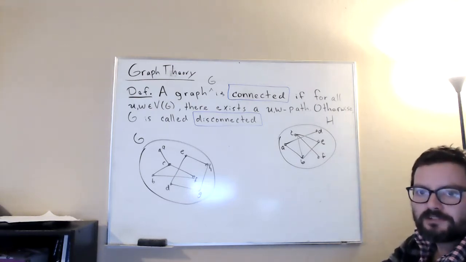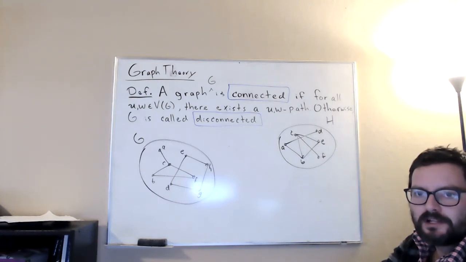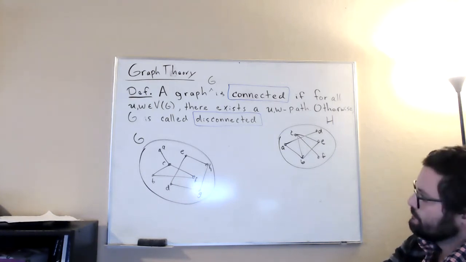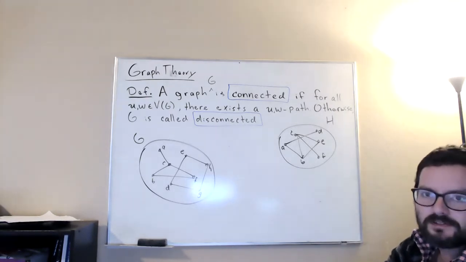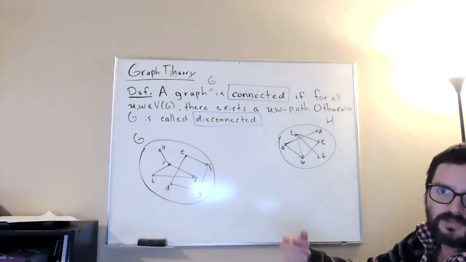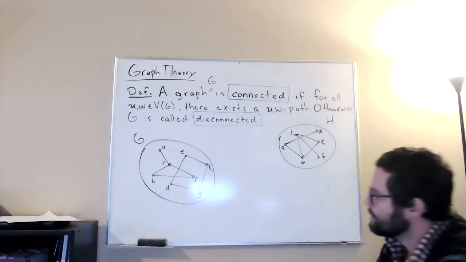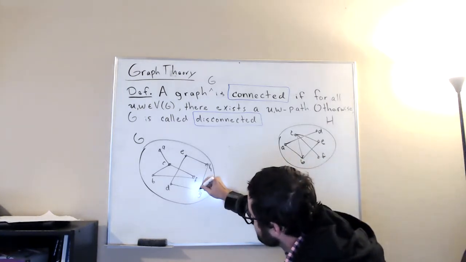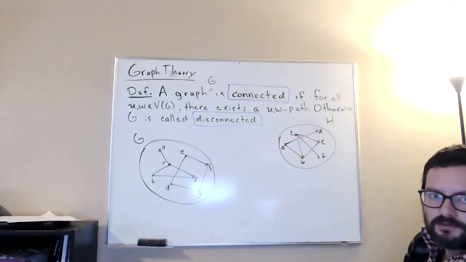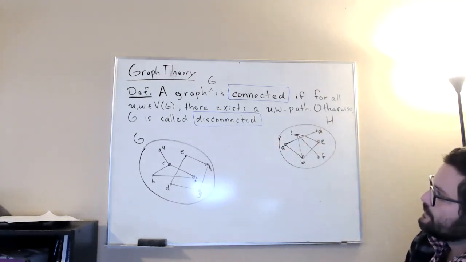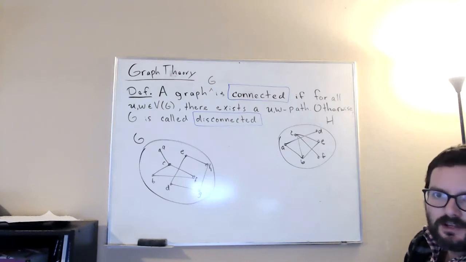Okay, so I just got a question asking, why did I choose these specific points? I'm just making up these graphs, and I'm just picking random vertices in the graph to illustrate the definition. And so one of these graphs is connected, one of these graphs is disconnected.